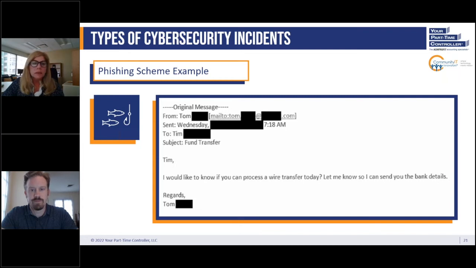And here is an example of a phishing scheme message. It may look like it comes from a company that you know or trust. It may come from a vendor or a bank or a credit card company, a social networking site, or some sort of online payment website or app or an online store that you know or trust, and it looks very real.